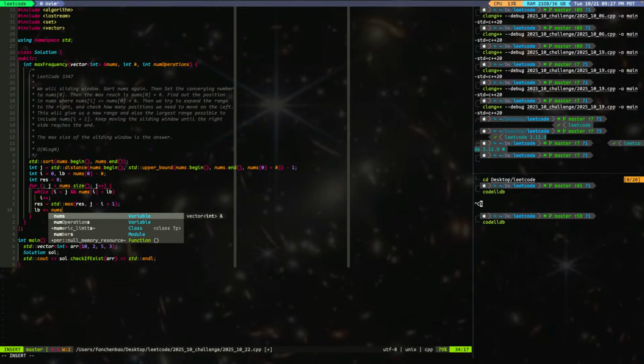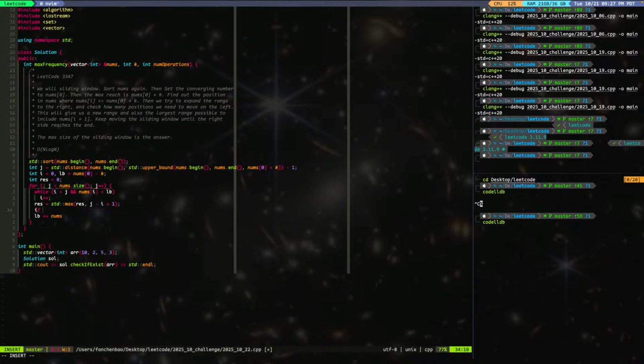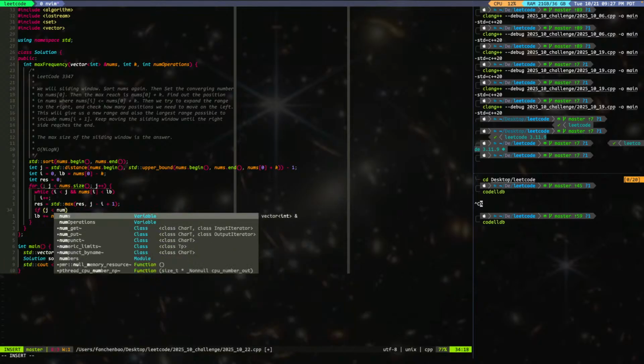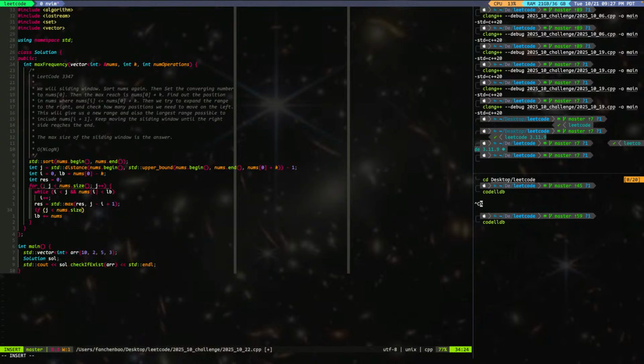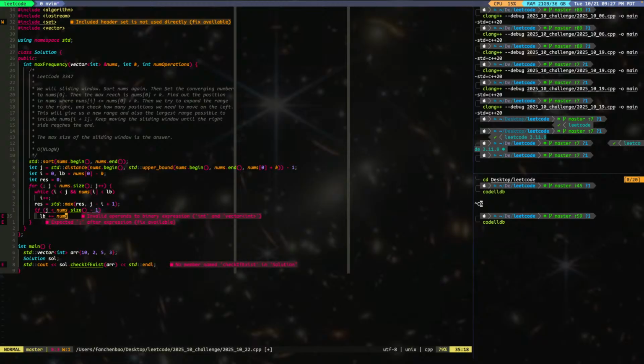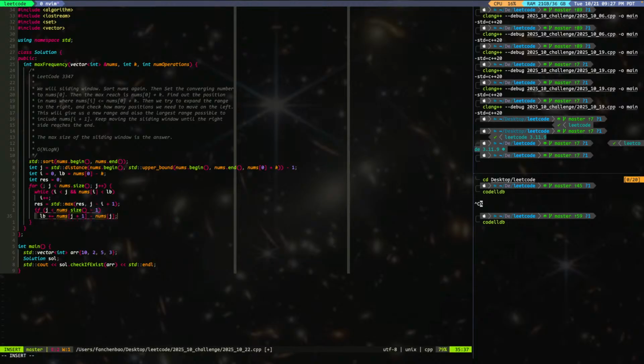So if j is at the last position, so if j is smaller than nums.size minus 1, then this shall plus equal to nums j plus 1 minus nums j. This is the amount additional. If we move to the next one, that will cause left bound to increase.